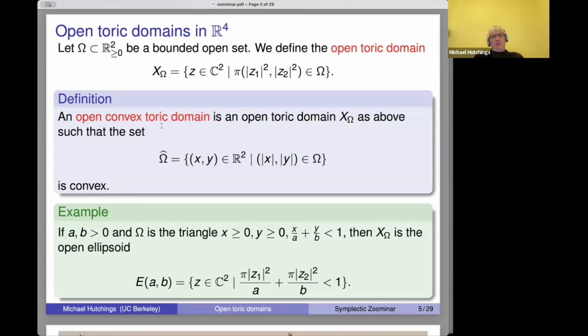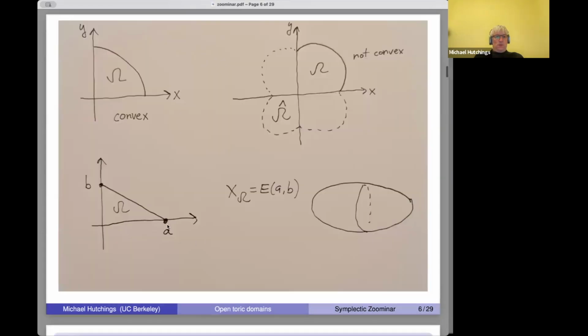As a basic example, I don't really need this, but if you take a triangle, it looks like this. It has edges along the axes going to the point A, 0 and the point 0, B. I didn't indicate it in the picture, but the diagonal of this triangle, that's not in omega, so this should be like a dotted line.